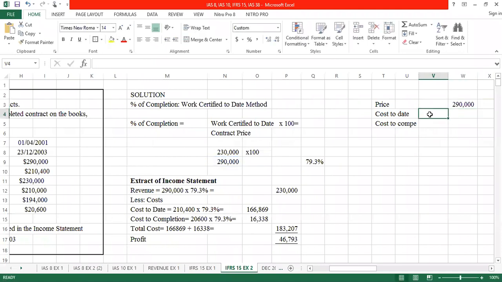Cost to date is 210,400. Cost to completion is 2,600. Now, what is the total cost?